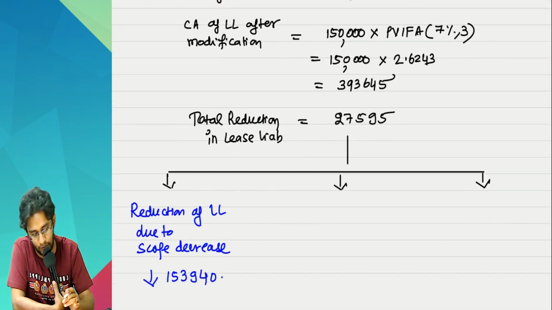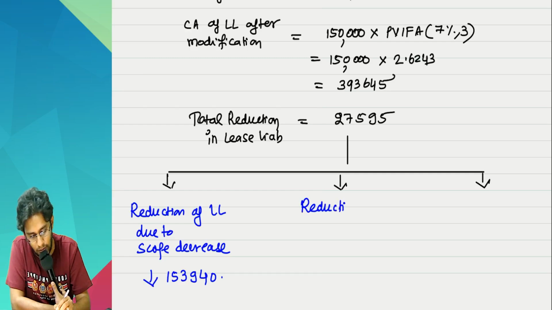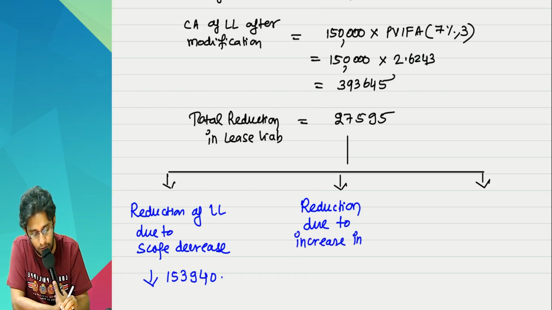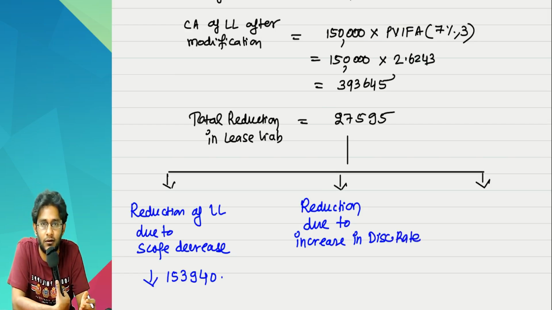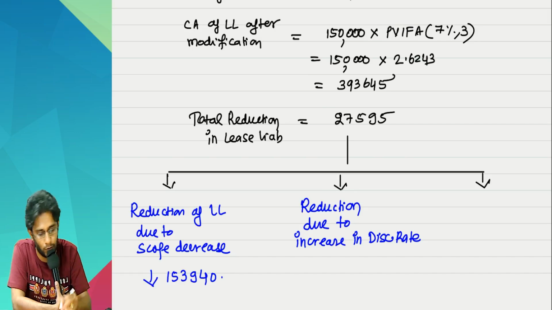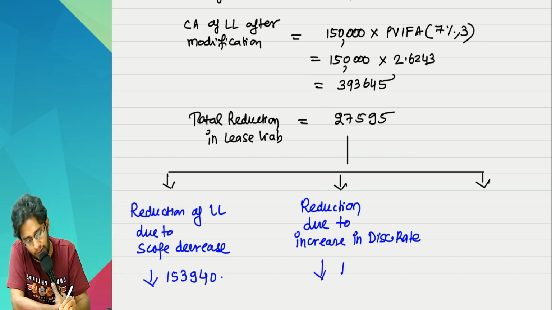That means reduction due to increase in discounting rate. 6% became 7%. So present value of liability will fall down. Because of that, liability further decreased by 4,870.